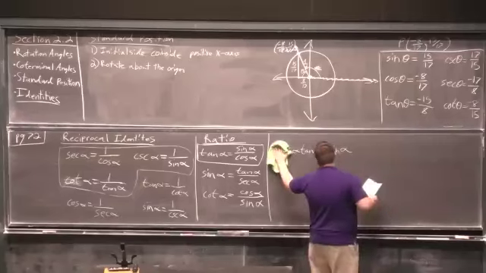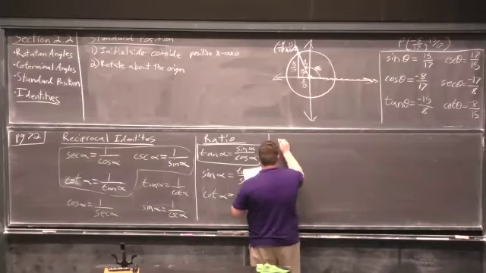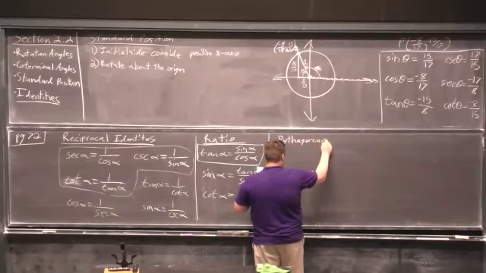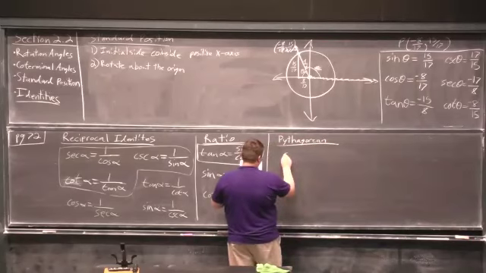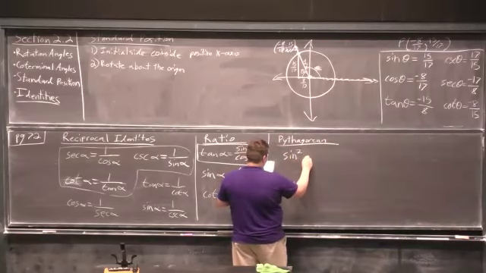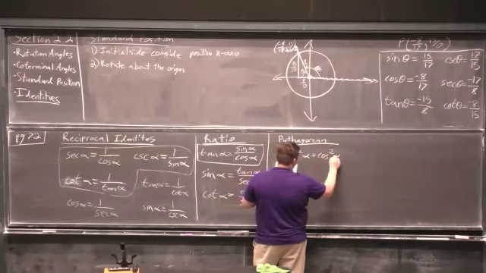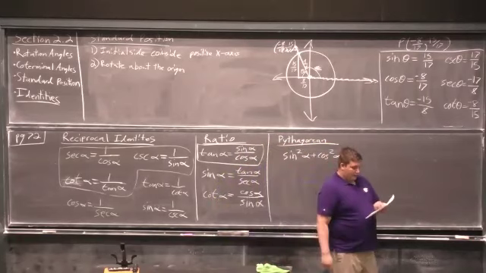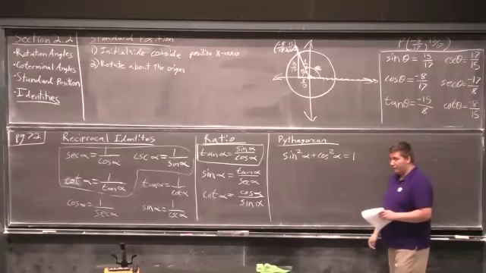So the last set of identities that I'll write on the board is the Pythagorean identities. And we know one of them to be sine squared alpha plus cosine squared alpha equals 1. And this we derived in a prior video.